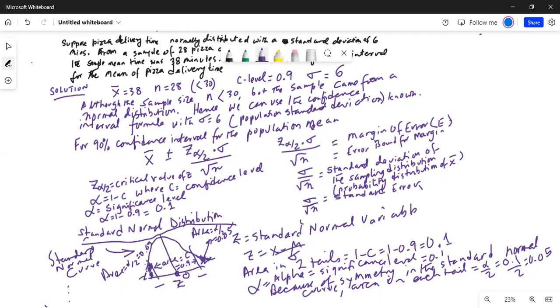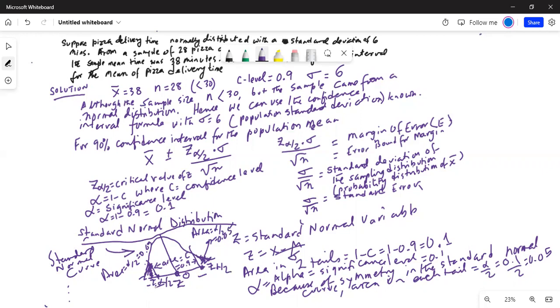Now this value of z, where we draw the vertical line to meet the standard normal curve, and area to the left is 0.05, is called minus z alpha by 2 because it's on the left of 0. And this value of z to the right of which the area in the tail is 0.05 is called positive z alpha by 2.